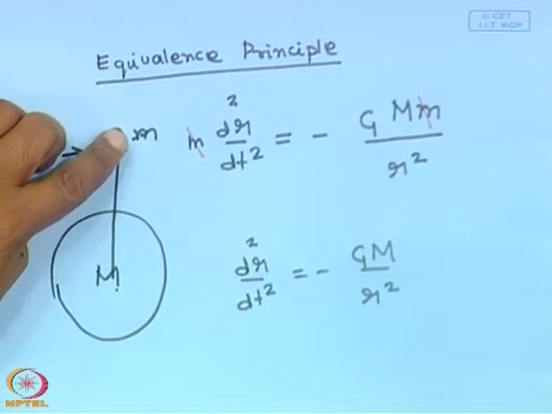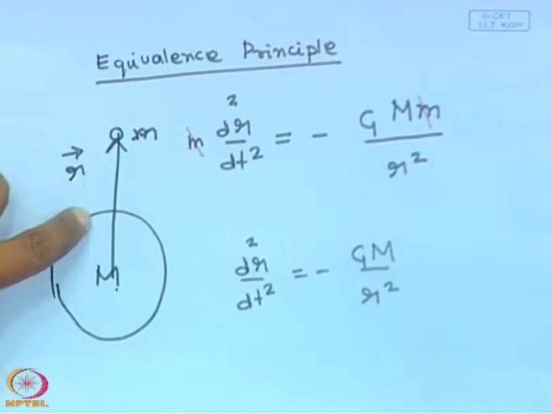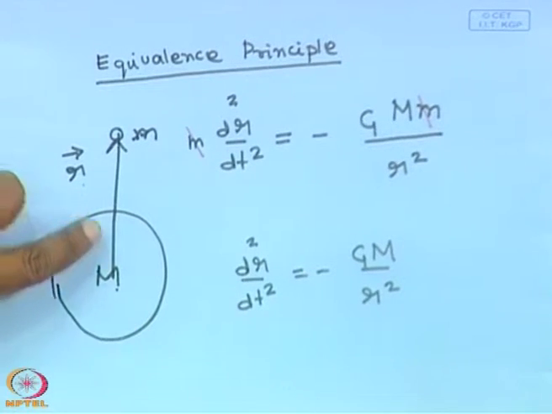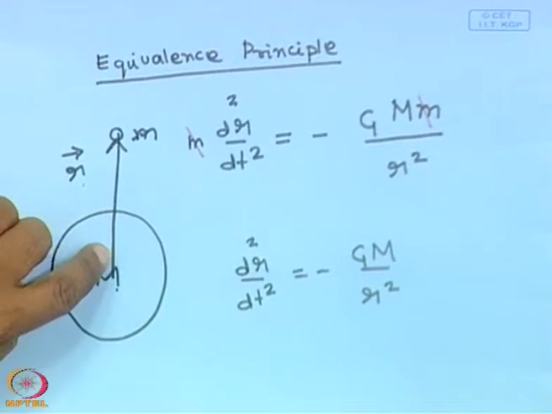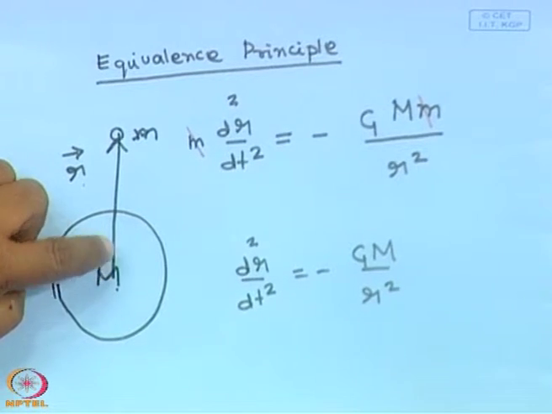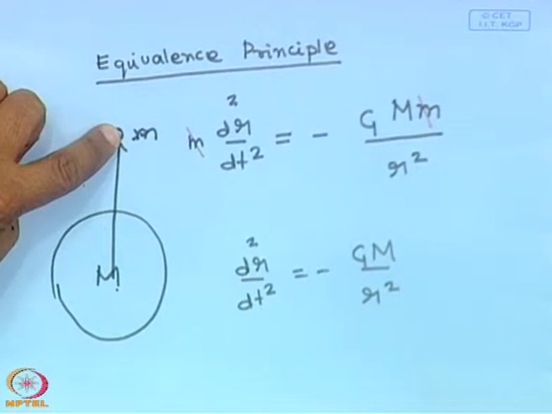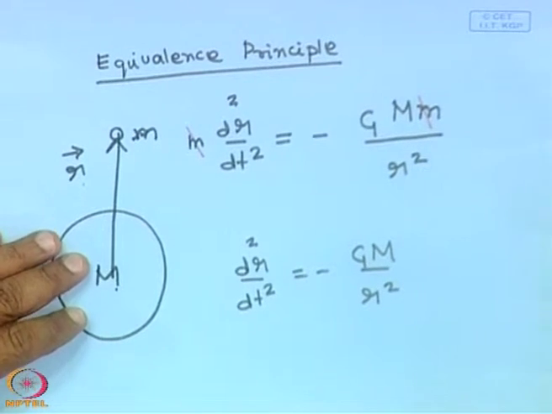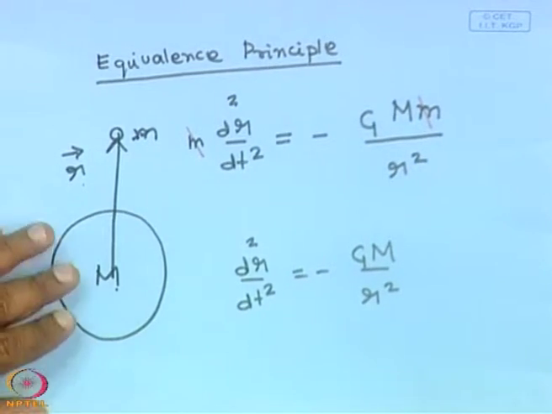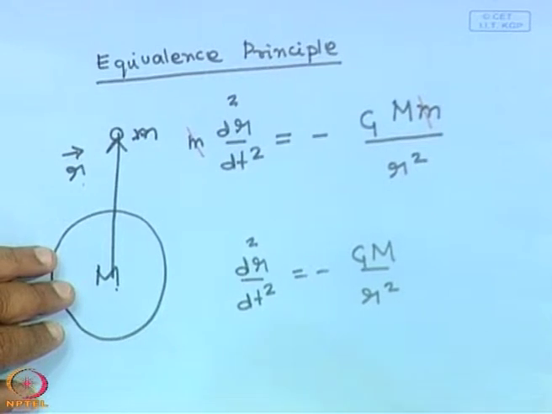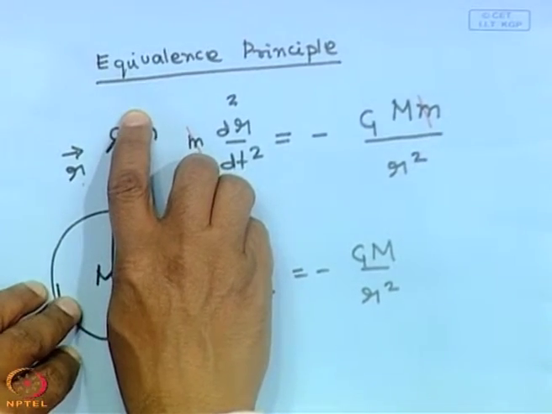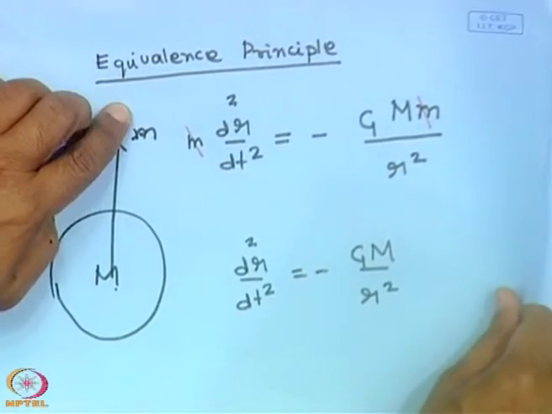It does not depend on the mass of this particle, it only depends on the mass of the other particle that is producing the gravitational field. Similarly, if I write the equation of this mass, its acceleration will only depend on the other mass, not on this mass. This is called the equivalence principle. It is a very important property of gravity, and the whole of the theory of general relativity is based on this equivalence principle. So, the acceleration that this body experiences does not depend on its own mass.